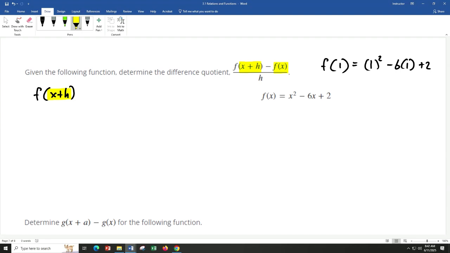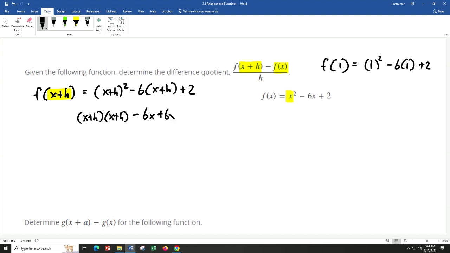So sometimes it helps to write these separately before you bring them together. Okay? So notice this first one is going to turn into, well, notice I have x plus h squared. There's that. And then I have minus 6 times x plus h, and then I have a plus 2. Now let's be honest. At this point, if you wanted to, you'd go ahead and take this one right here and go, okay, well, this is going to be x plus h times x plus h, minus, we can go ahead and FOIL that, right? We're just extending it out right now.